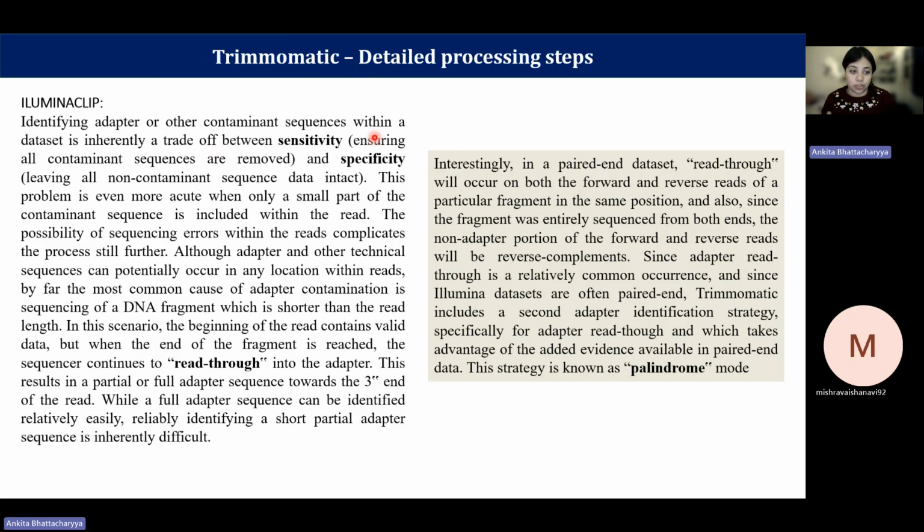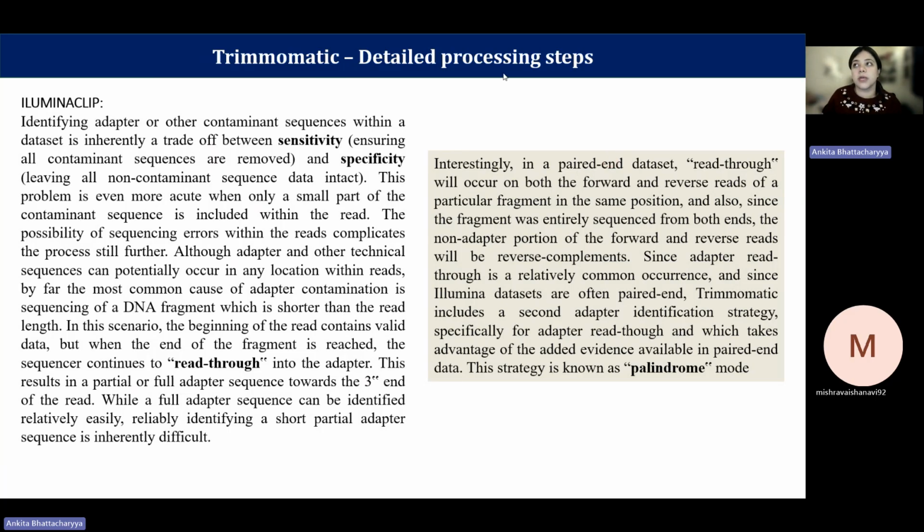That should remain untouched. This problem is even more acute when only a small part of the contaminant sequence is included within the read. What do we mean by that? Basically, when the sequencing reaction has been performed, if only a very short contaminant is present, sometimes it gets difficult to actually recognize that as a contaminant, and it might just seem like a variation from the human reference genome.